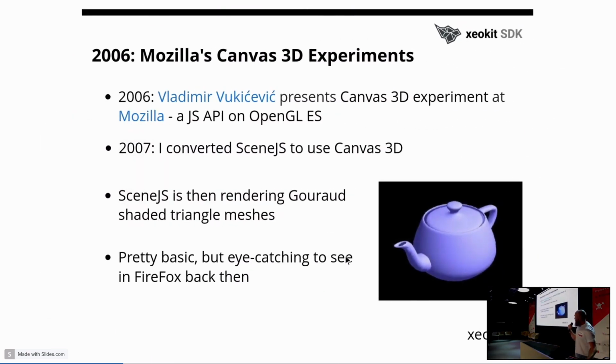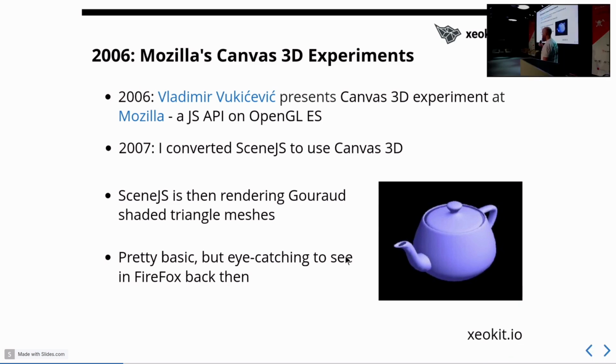But then in 2006, Vladimir Vukovic at Mozilla presented his experimental Canvas 3D to Mozilla management, and they were really impressed with that. He then posted his experiments on his blog. Here we had Mozilla actually rendering 3D graphics using the underlying OpenGL ES libraries.